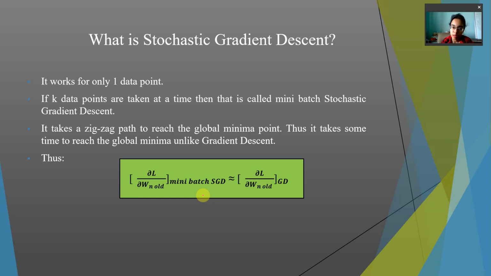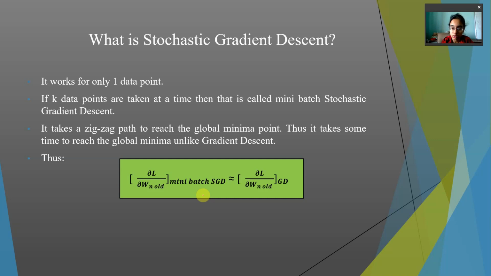But gradient descent takes a straight path. So gradient descent reaches the global minima faster than stochastic gradient descent. But the main problem with gradient descent is that it is computationally very complex, and it takes much more time to load millions of data records, or all the data records present in a data set.